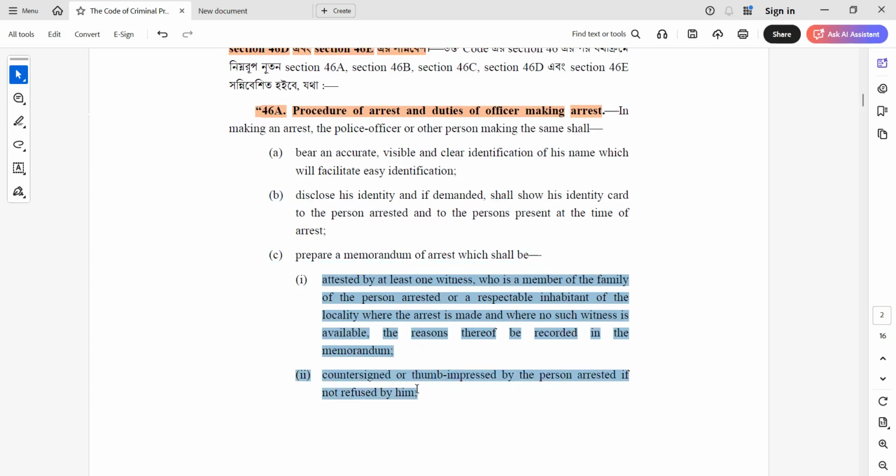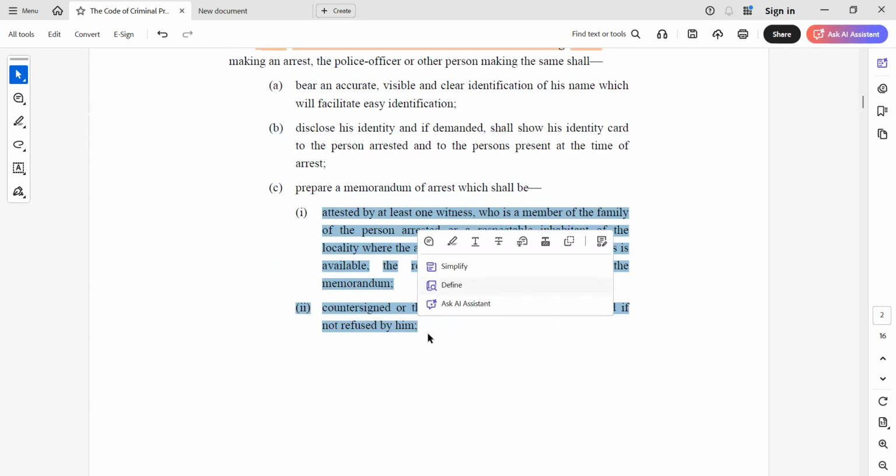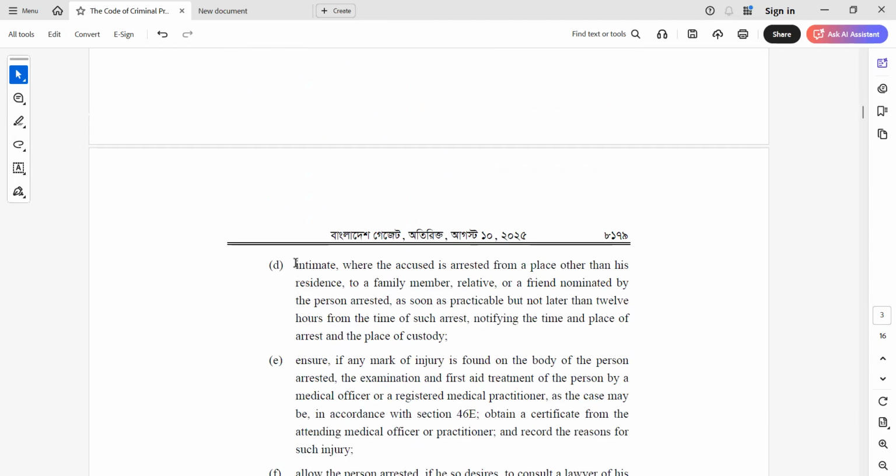It shall be countersigned or thumb impressed by the person arrested if not refused by him. Point D, intimate, where the accused is arrested from a place other than his residence, to a family member, relative, or a friend nominated by the arrested as soon as practicable, but not later than 12 hours from the time of such arrest, notifying the time and place of the arrest and the place of custody.